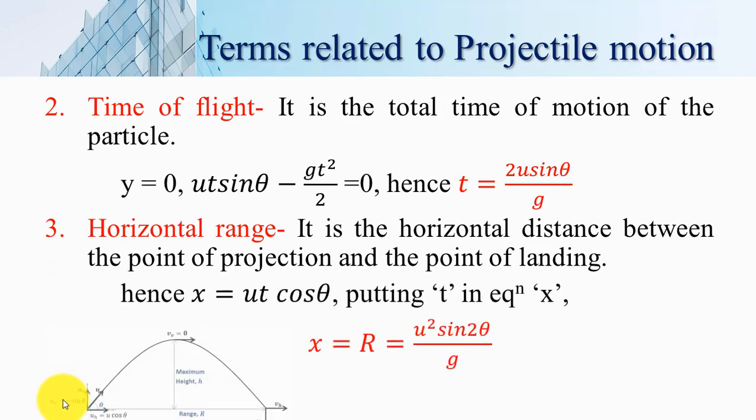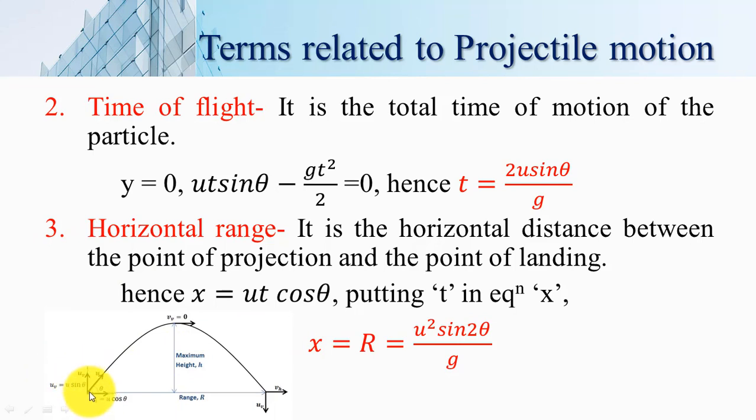Here we can see in the diagram that first the particle was projected from this point and then after some time it reaches this point. The time taken by the particle to traverse this path will be taken as the total time of flight. In this case, y becomes 0 as it is along the same line of projection.